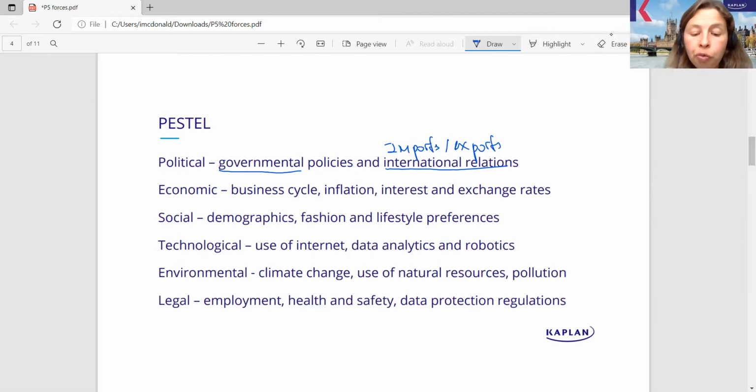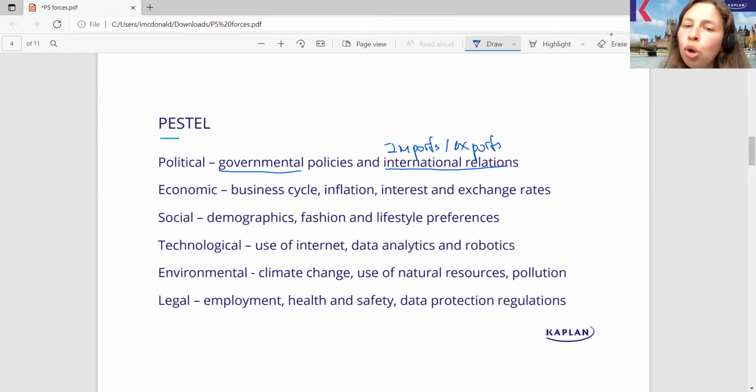As a result of Brexit in the UK, some companies found it so much harder to sell to their customers abroad or buy from suppliers from abroad. So political change could have a direct impact on the ability of the organization to trade, to receive its supplies, to generate revenues, and so on.